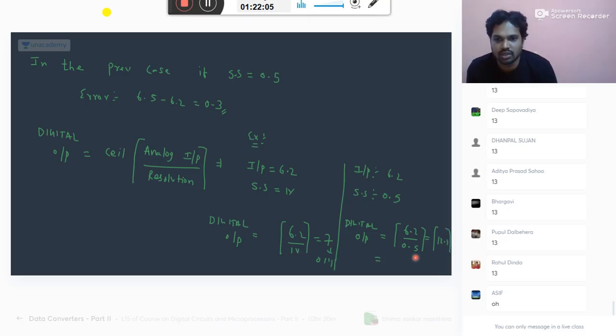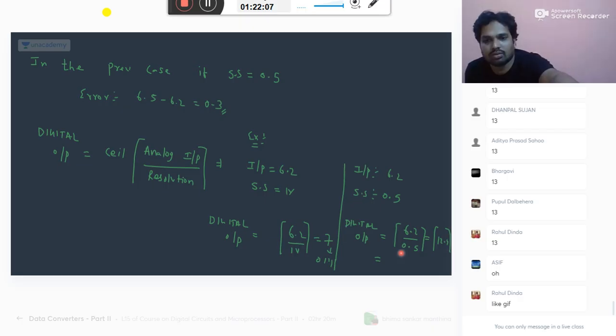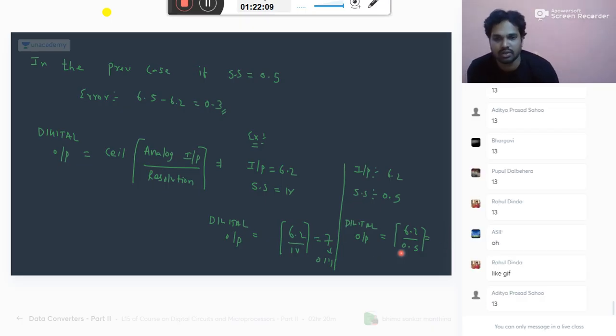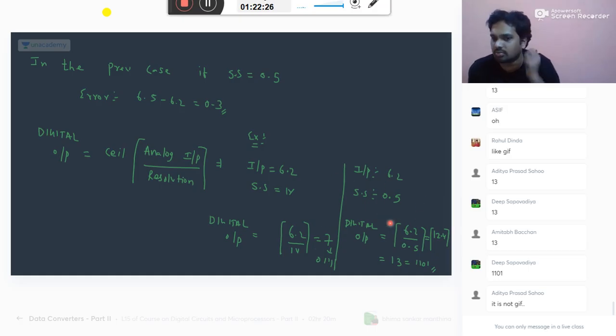It will give you 13. That is 1101. So I already told you, your output need not be equal to input. It should be a linear function of input.